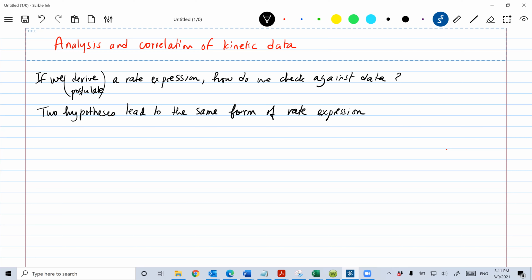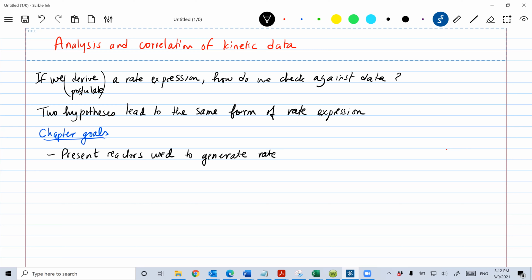So the goals for this chapter are essentially the same learning objectives as in chapter 6. First, we'll present reactors used to generate rate data, and this is almost review.